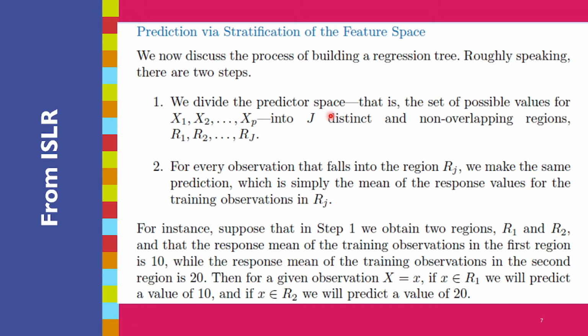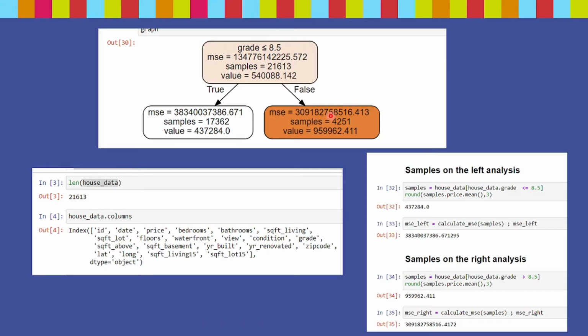For every observation that falls into the region Rj, we make the same prediction, which is simply the mean of the response values for the training observations in Rj. That means the one that we had shown, if the grade is less than 8.5, say suppose the grade is 7 or 8, then it would fall into this region and the value will be the mean of the samples, that is around 437,284.